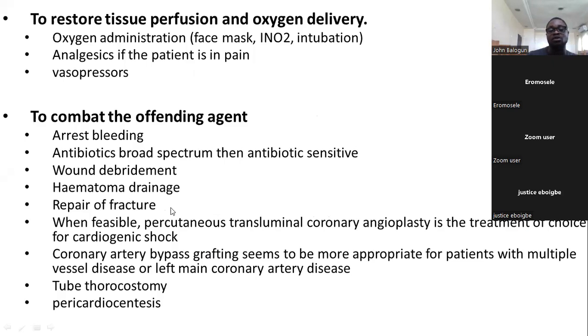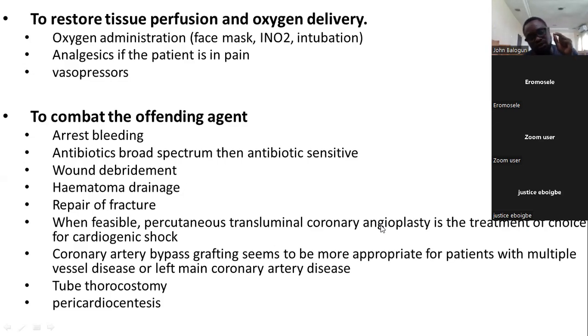But the best one is what I described, percutaneous transluminal coronary angioplasty, that I described for the cardiogenic shock. Percutaneous transluminal coronary angioplasty is the treatment for cardiogenic shock.